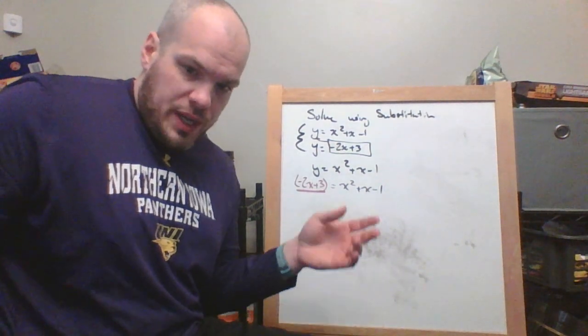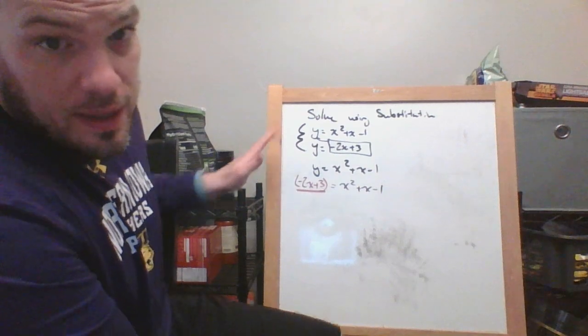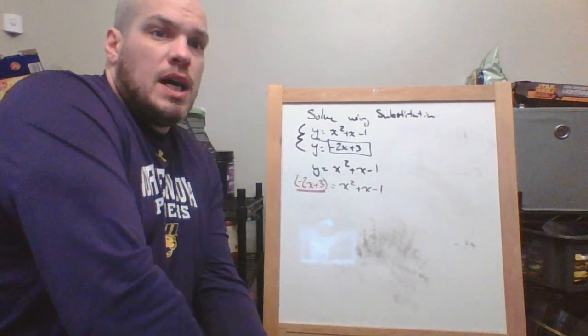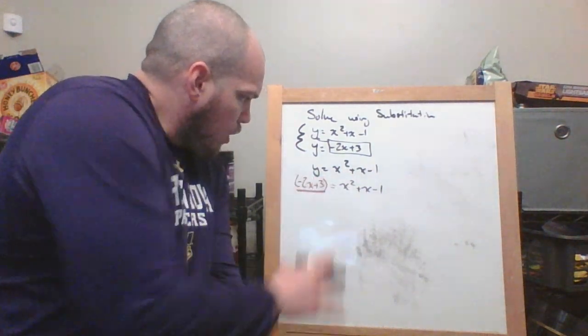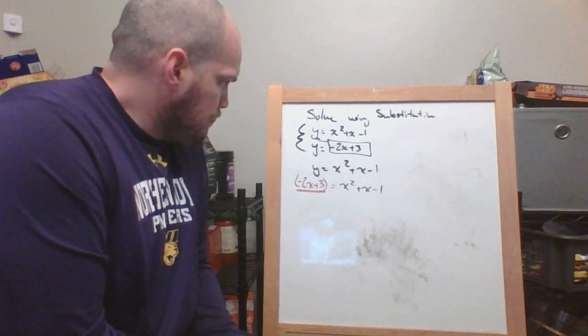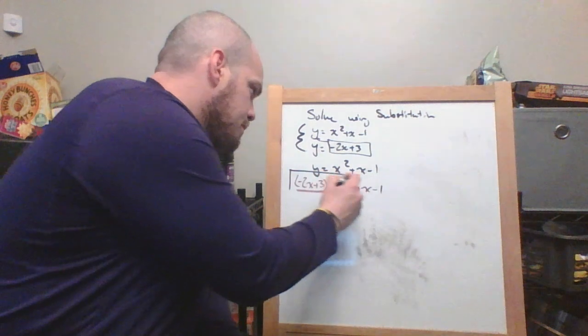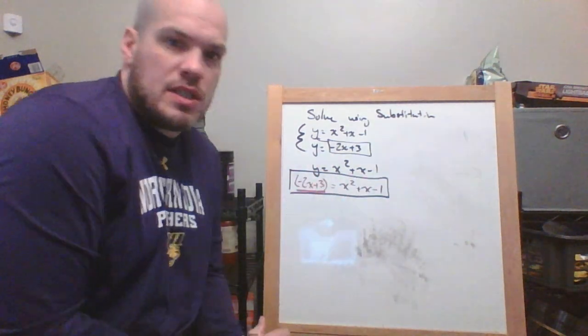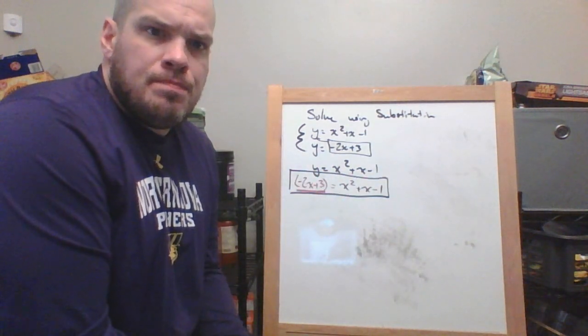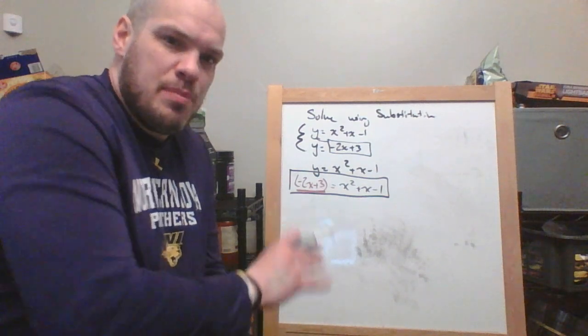Now, once we're here, this is where my limited whiteboard is going to be tough. It's hard for us to work all this through. This is our equation we need to solve. The problem is, what type of equation is that?